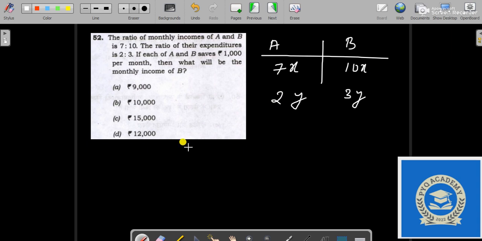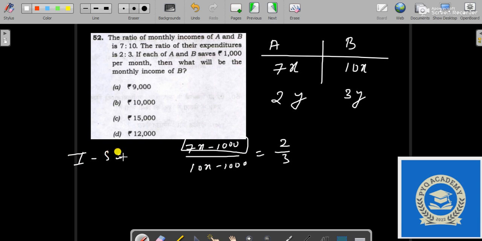So we can say that (7x minus 1000) by (10x minus 1000) can be equal to 2 by 3, because when we subtract saving from income, it will be equal to expenditure. So income minus saving equals expenditure, and here also. By cross multiplication we will get 21x minus 3000 equals 20x minus 2000. So it will become x equals 1000.